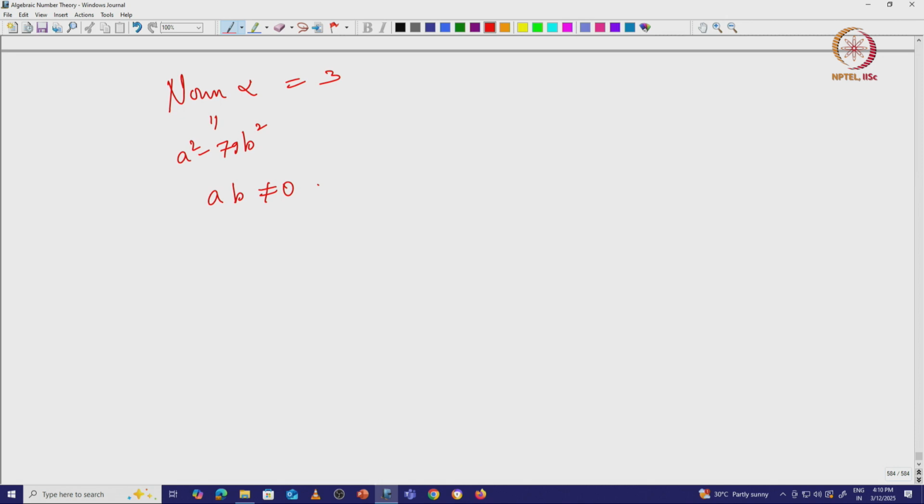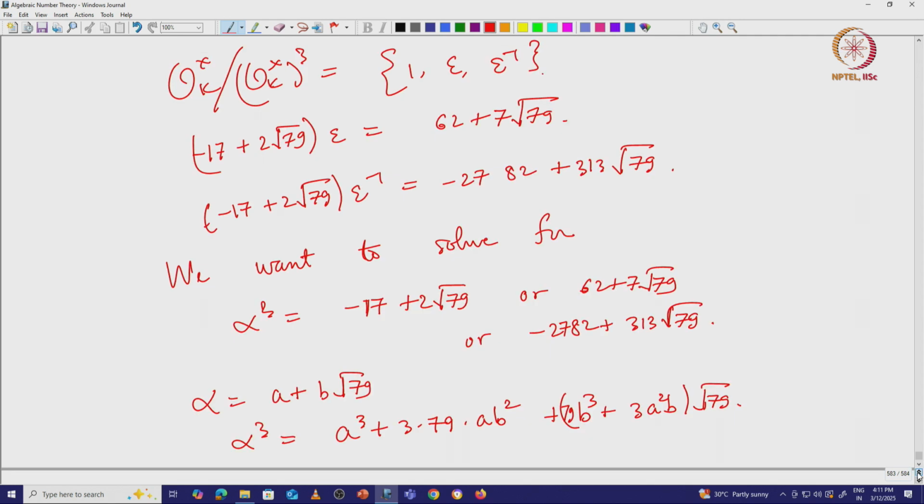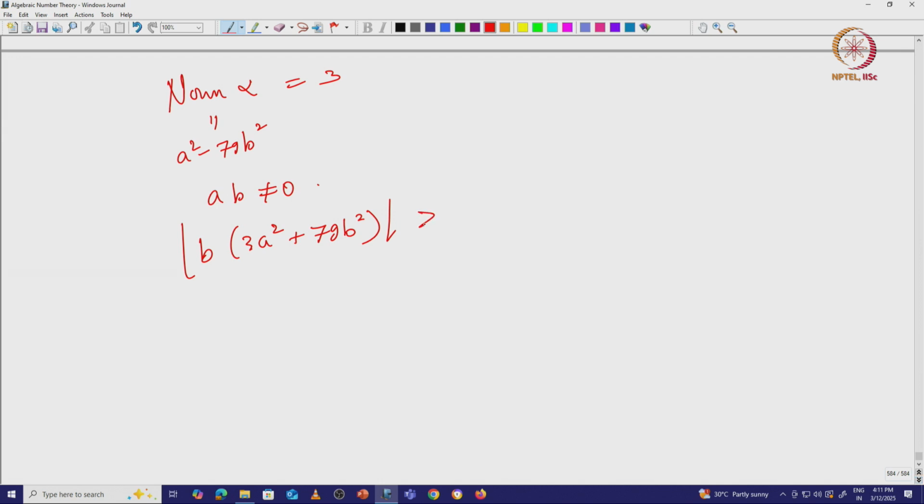Therefore, b times 3a squared plus 79 b squared, this was the coefficient of square root of 79 here, must be at least 3 plus 79, which is 82.